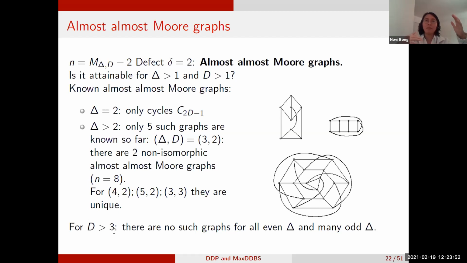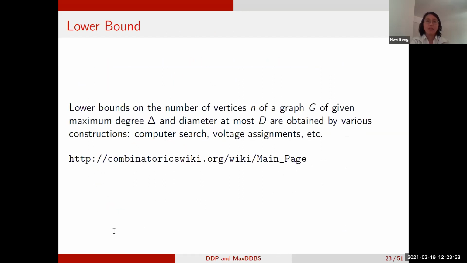Some people start by constructing from the lower bound, asking how big they can get. They try to construct a graph with a given maximum degree and diameter and see how big they can construct. Some people use computer search, some use algebraic voltage assignment, etc.